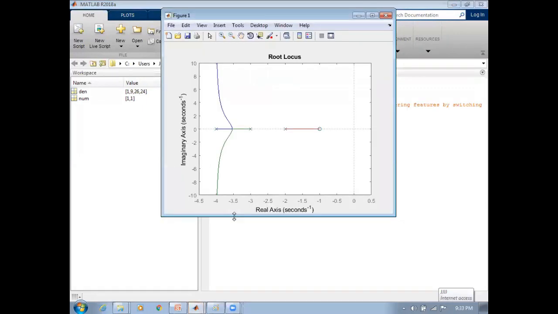And now let us look at the plot. It is very clear that we have a 0 at s is equal to -1, and we have three poles, one at -2, one at -3, and the other at -4. And out of these three poles, one of the poles will be terminating at 0. Therefore, at k is equal to 0, the location of this pole is at -2.